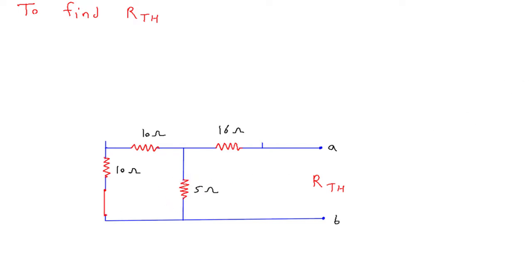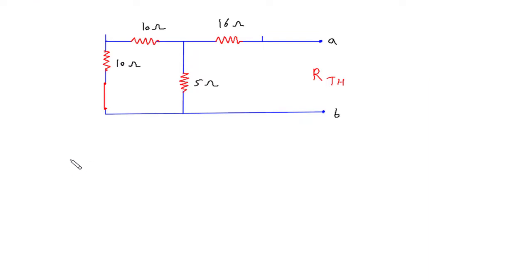Now as we can see, RTh is equal to 16 ohm plus 10 ohm plus 10 ohm, which will be 20 ohm. So 20 ohm parallel with 5 ohm.